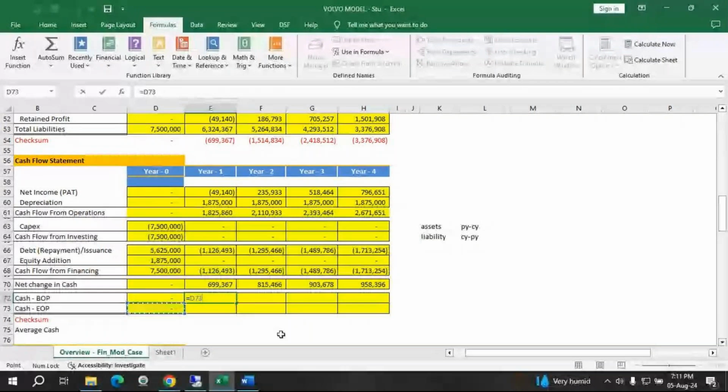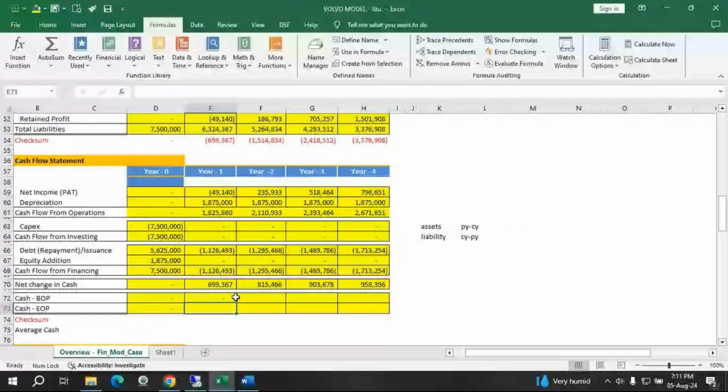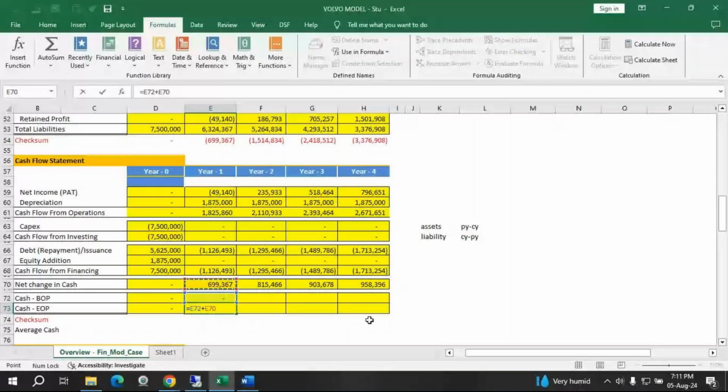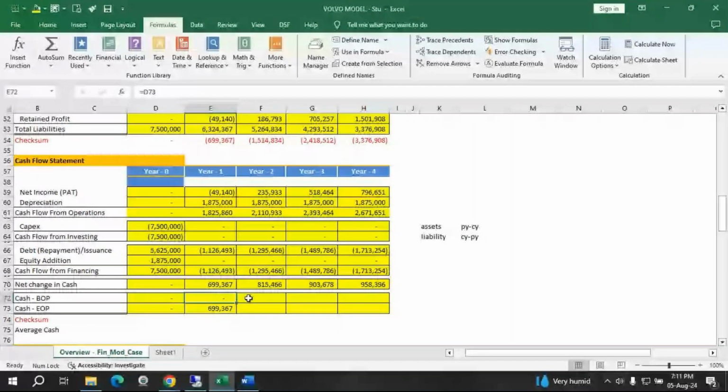So the ending period will be equals beginning of the period plus net change in cash. I'll come here and drag it. Okay, do this.